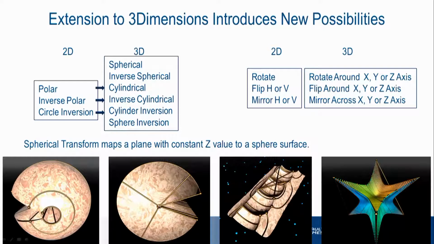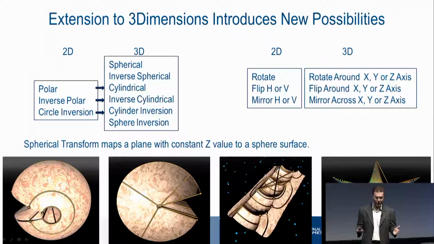So there are some very direct analogies as far as what transformations are available and some new possibilities that crop up. So for example, the spherical transform doesn't really have an analog in 2 dimensions. And likewise, the inverse spherical, those are kind of extensions that are wholly different from what you can do in 2 dimensions. The polar coordinate transform really is quite analogous, can be easily mapped to the cylindrical transform, right? You just keep one of the dimensions constant and do a polar transform on everything.